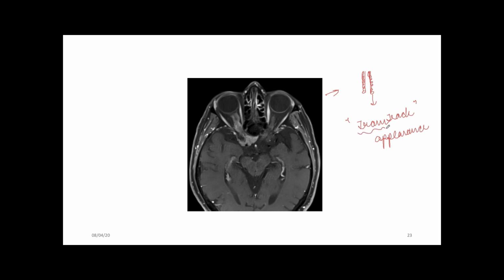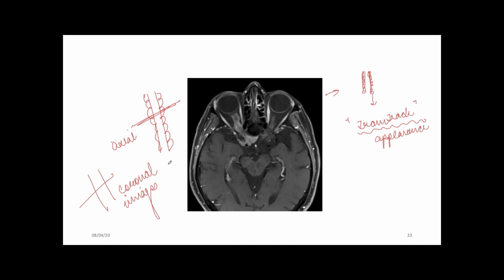And third is the tram track appearance, which is seen on this axial image, where you are seeing the long axis of the nerve. Now if you cut this and see on coronal images, that is the cut section of this optic nerve. You will basically have the optic nerve and the enhancing mass around it.